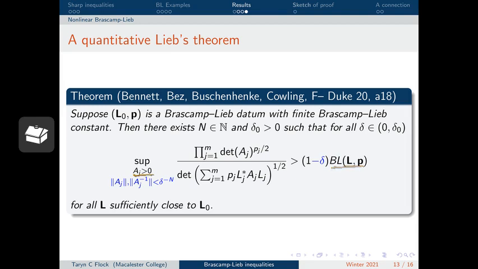And what we find is that if we relax our control on the constant a little and want to get within a factor of 1 minus delta of this best constant, well, we can do that using positive definite matrices that satisfy some quantitative control on their eccentricities.